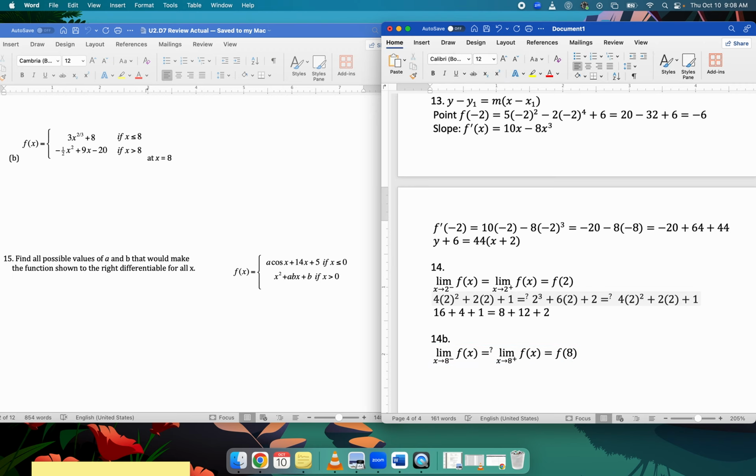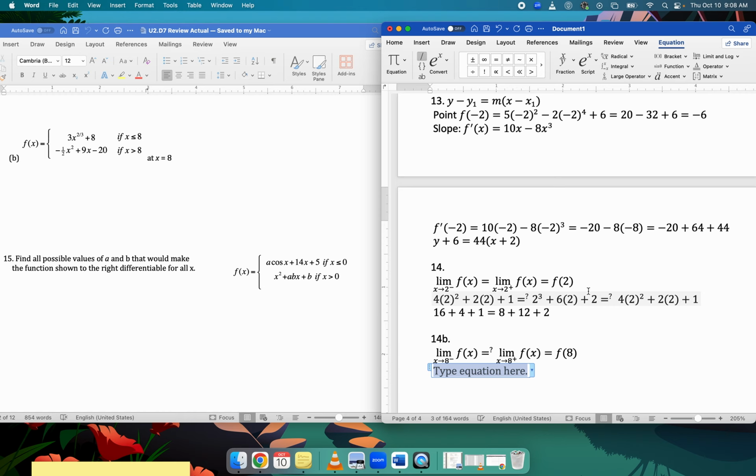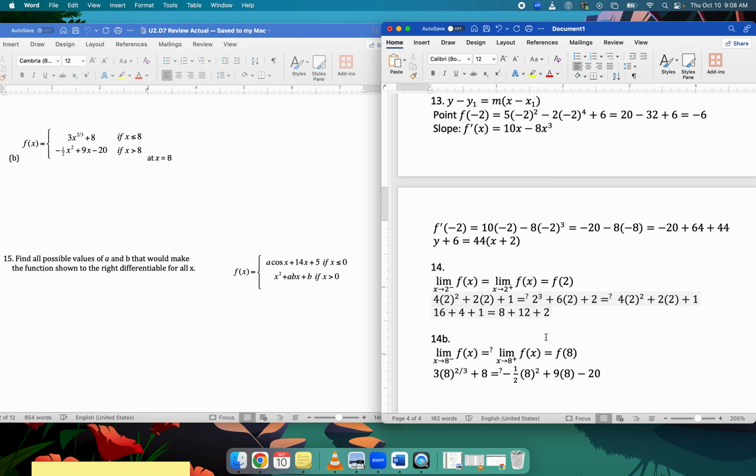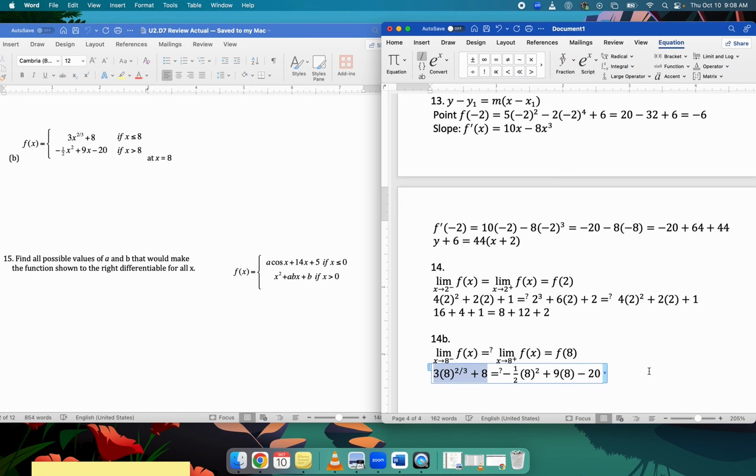Well, the left-hand limit would be obtained by plugging 8 into the first function. So that'd be 3 times 8 to the power of 2/3 plus 8. Is that equal to the right-hand limit? The right-hand limit would be obtained by plugging 8 into the second function. That's negative 1/2 times 8 squared plus 9 times 8 minus 20. The value of the function at 8 is just this guy again, so I'm not going to bother copying it.